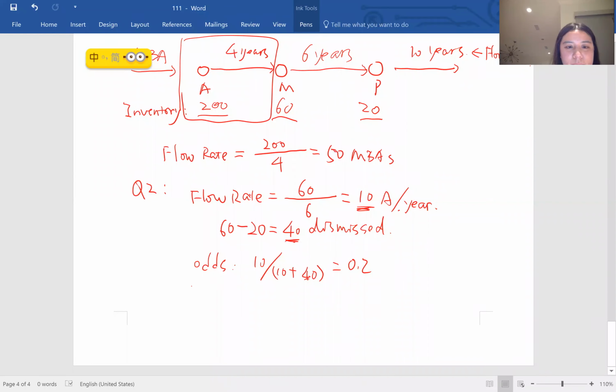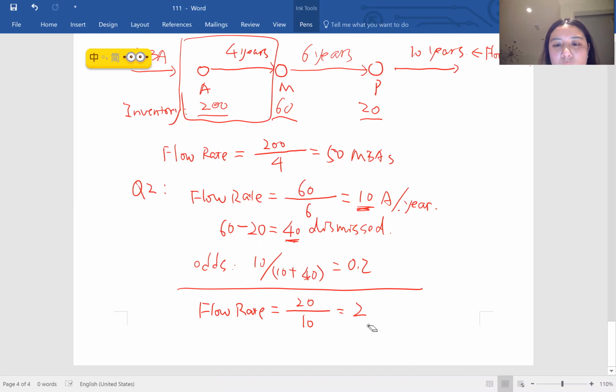Then let's look at the system for the partner level. The flow rate for the partner level equals 20 divided by the 10 years, which equals 2. So every year only 2 managers enter the partner level. That means every year the 2 old partners leave the partner level as well.